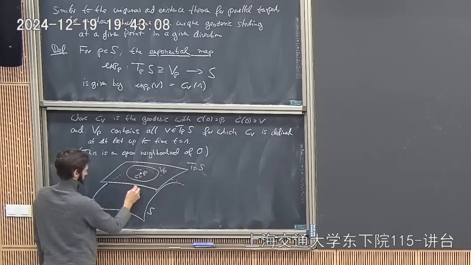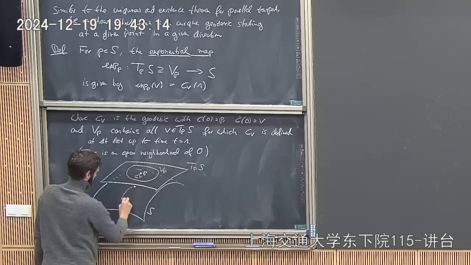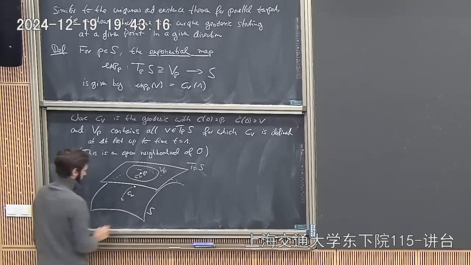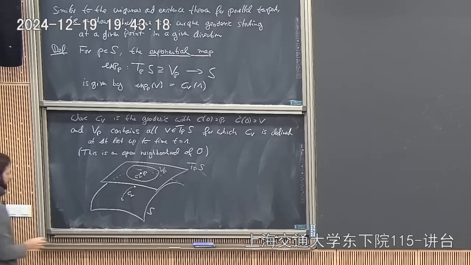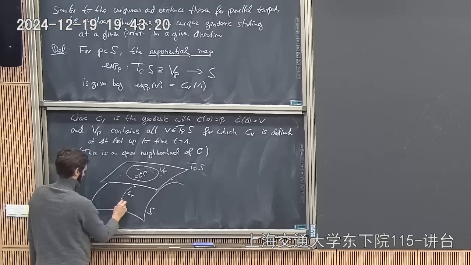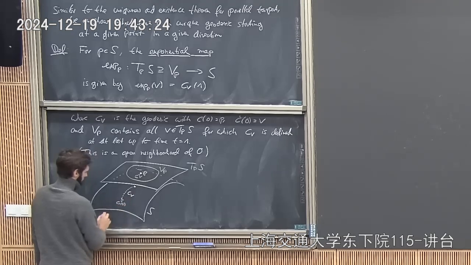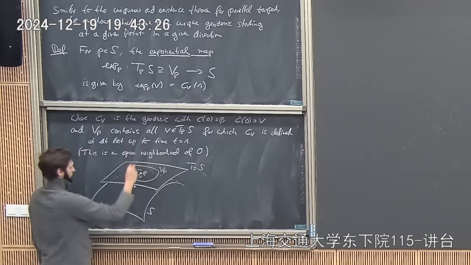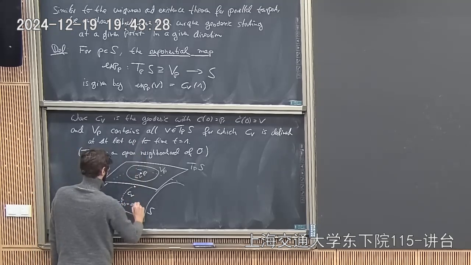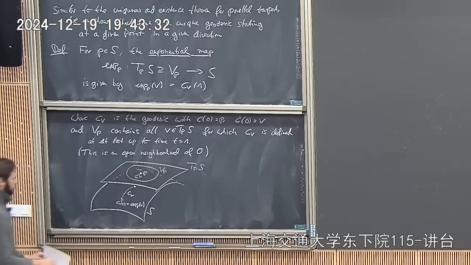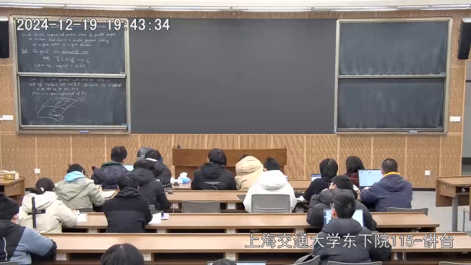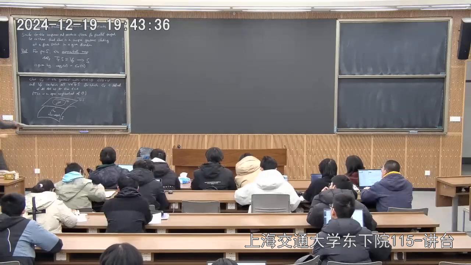So let's say that we identify this point with this point, and then that C of V. And then at some point, C of V at the endpoint at 1, which is the exponential of P at V. So essentially you have like the curved object.